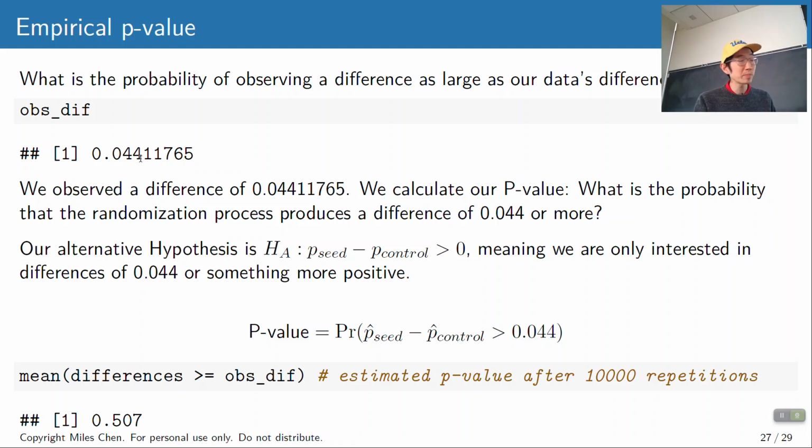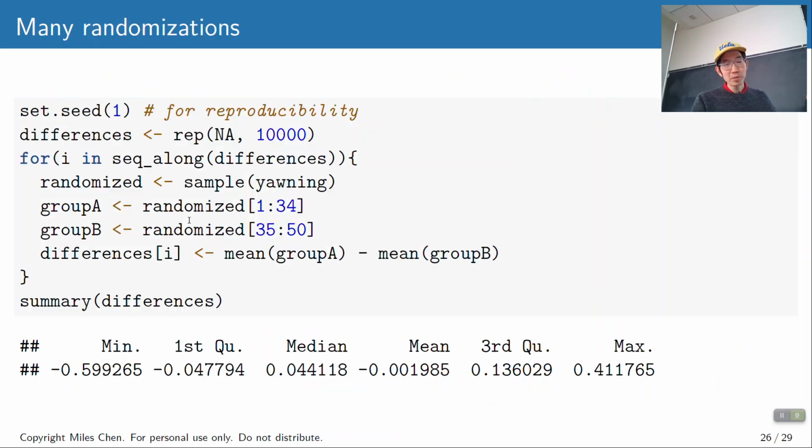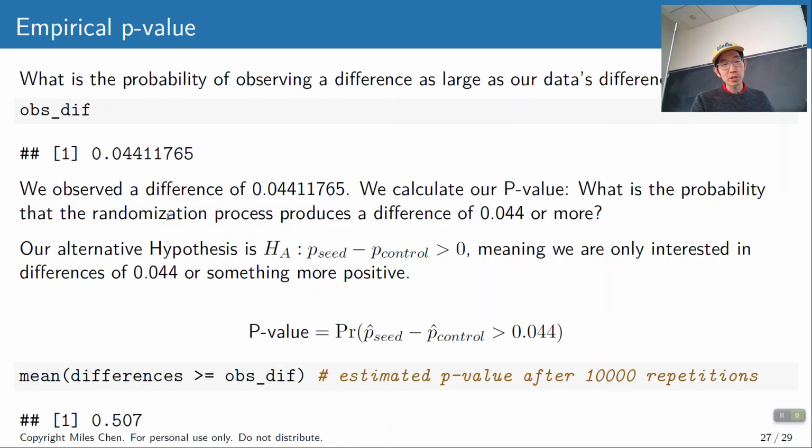What's the probability that this randomization process, which is what would happen if the null hypothesis were true, produced a difference of 0.044 or more? Our alternative is that it's greater than 0, so we're only interested in seeing 0.044 or something more positive. Sorry, this should say greater than or equal to. So if you're fixing your notes, this should say greater than or equal to.